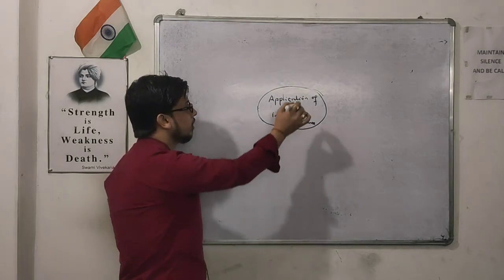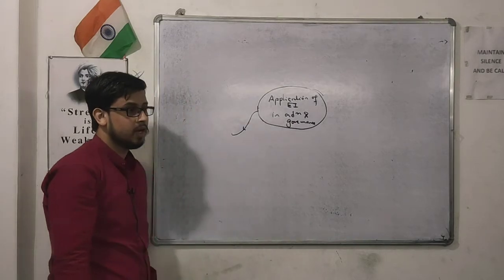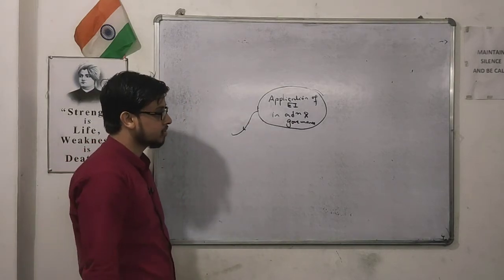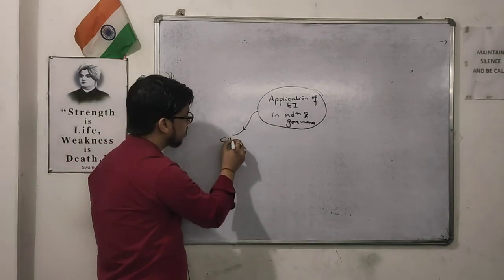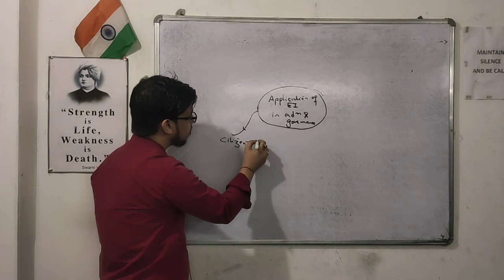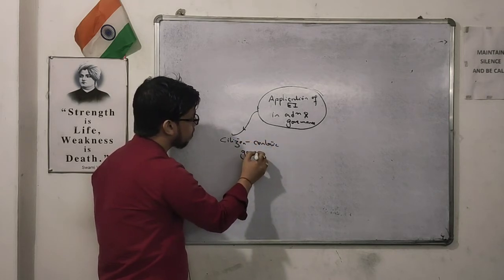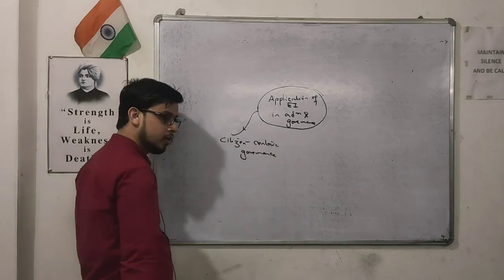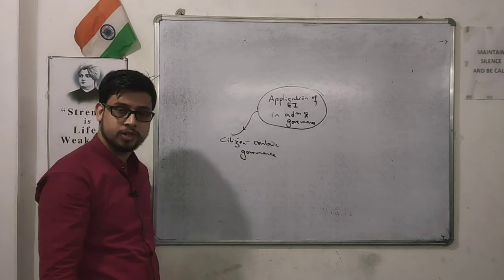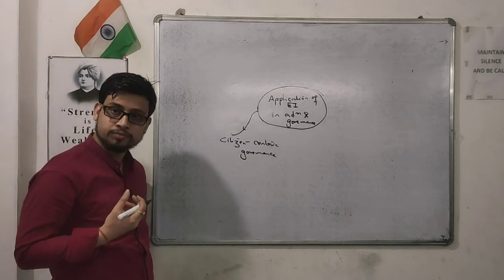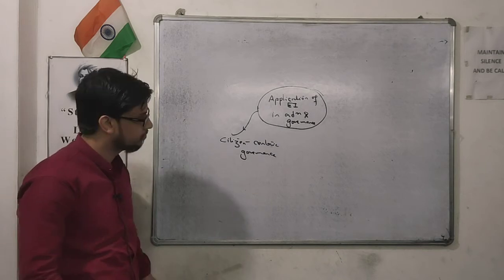If emotional intelligence is blended in administration or governance, it gives you a citizen-centric governance pattern. Our union or state government will not rule over us; it is we who rule, and we should participate in every decision of the government.